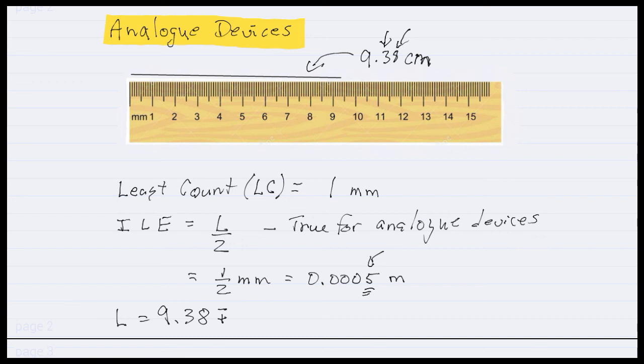And now it's plus or minus, because it might be slightly bigger, it might be slightly smaller. So I can write the length as 9.38 plus or minus 0.05 centimeters. Okay, so this 0.05 is just my ILE written in centimeters.